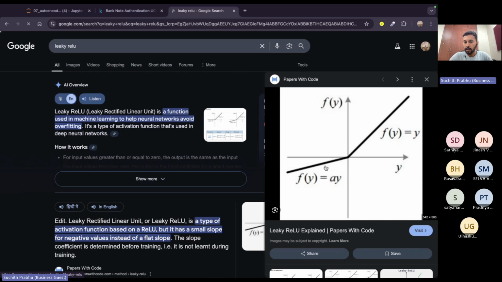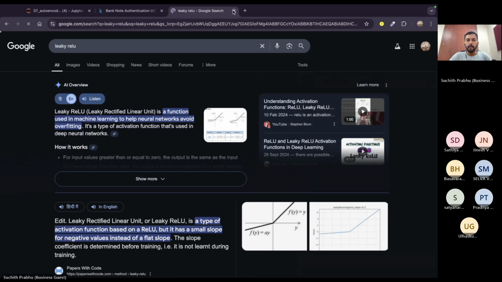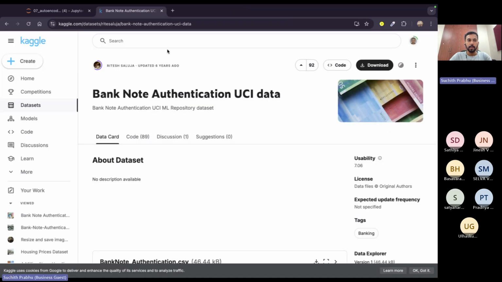But here you have a slight slope. The advantage is that the gradient will pass even in this region as well. So training would be faster because there will be a higher flow of gradients. In ReLU, when the values are negative, the gradient doesn't pass back in backward propagation. Here the gradient will flow and training would be faster.